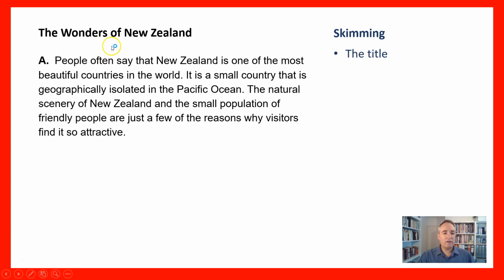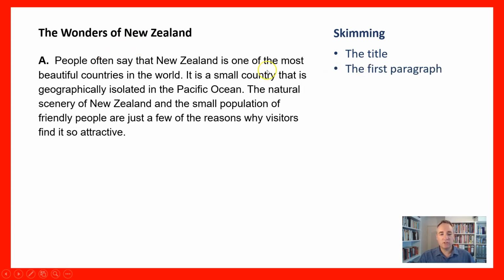The Wonders of New Zealand is a title that hopefully will trigger some ideas for you. It'll help you think about New Zealand, maybe the natural scenery, the volcanoes or the glaciers and some of the plant life and trees. So hopefully that gives you the feeling of what the article is going to be about.